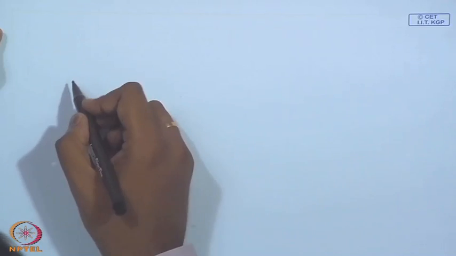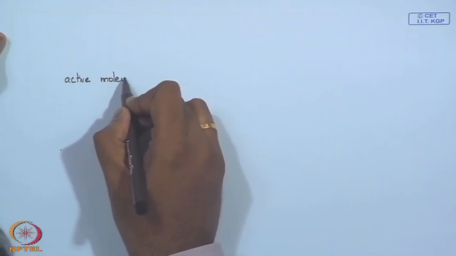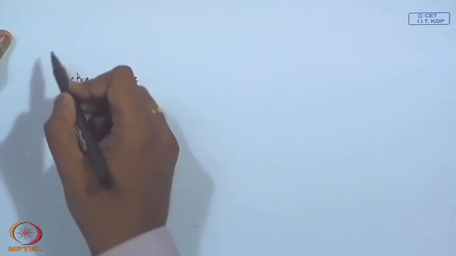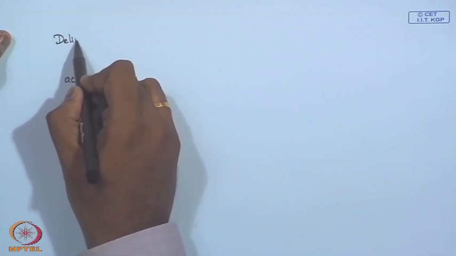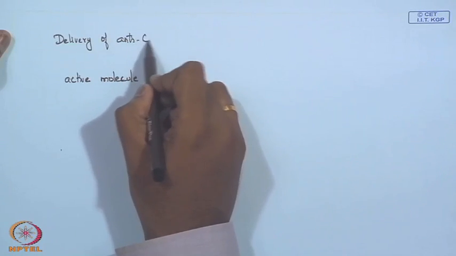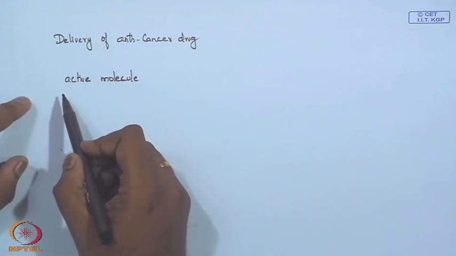That is why people are now working on using light as an external stimulus for controlled release of drug molecules. So, how do they do that? For example, you take an active molecule. I am going to deliver an anti-cancer drug, and that anti-cancer drug is my active molecule.